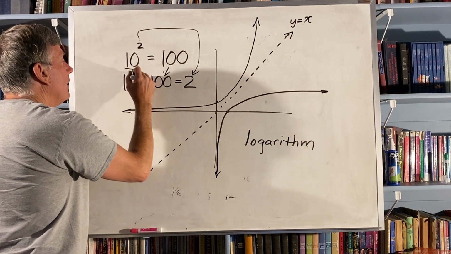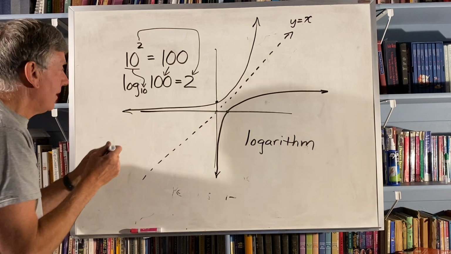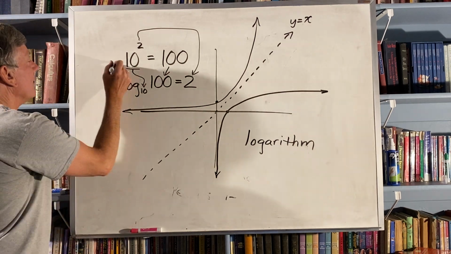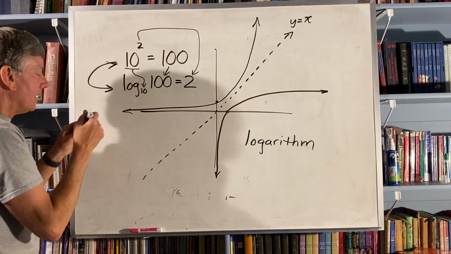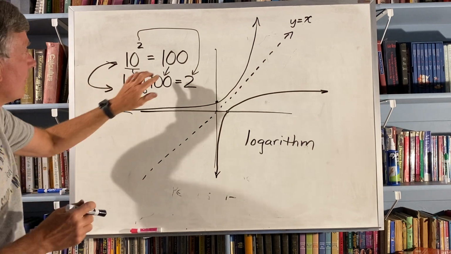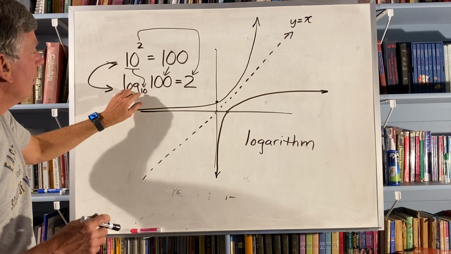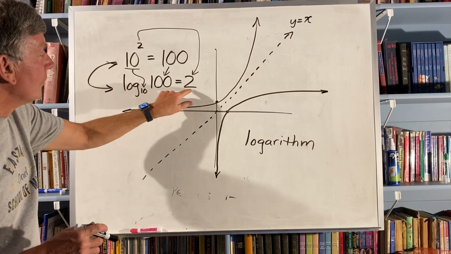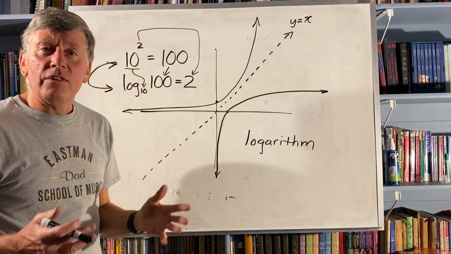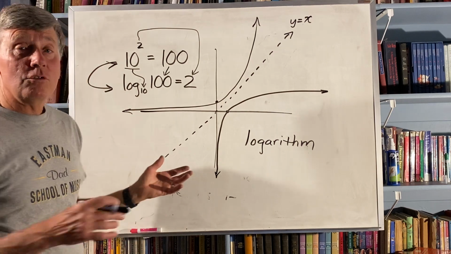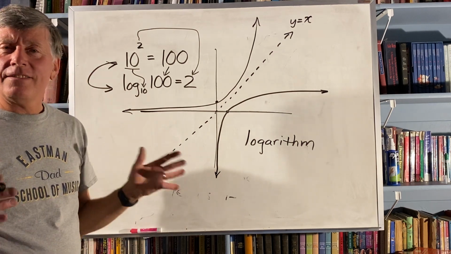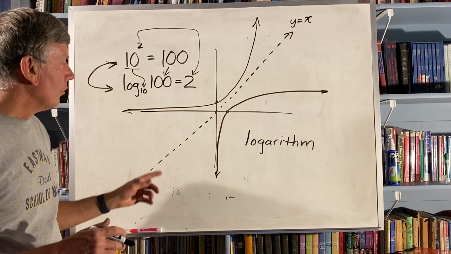This base 10 goes there. These are equivalent statements. I'm not going to write an equal sign here because I already have equal signs here. 10 squared equals 100. Log base 10 of 100 equals 2. These are equivalent statements. We'll do more with logs, but I thought this is how to introduce it to you.